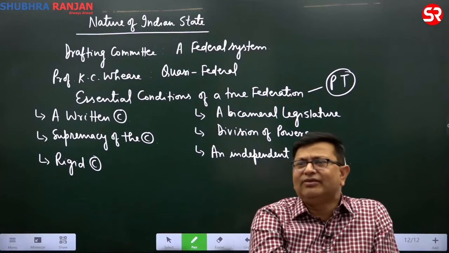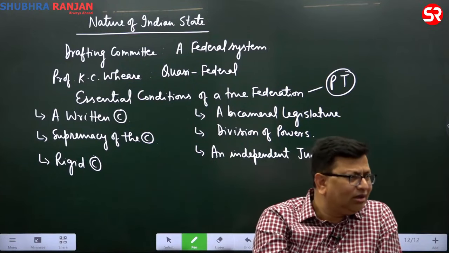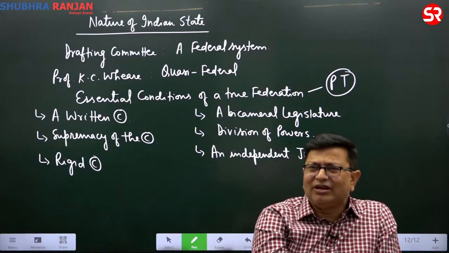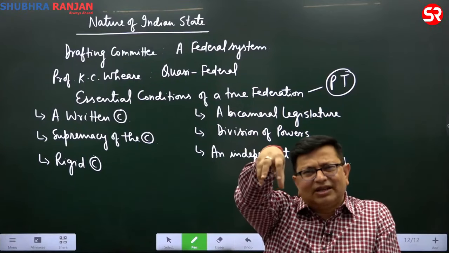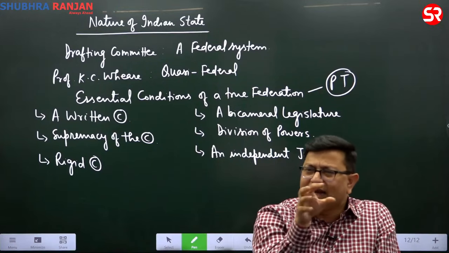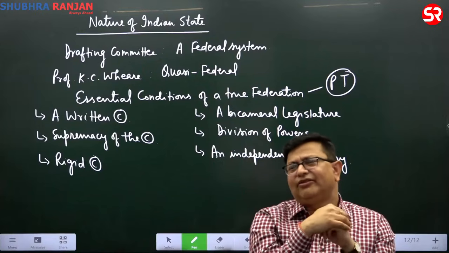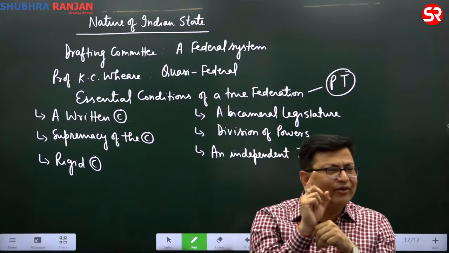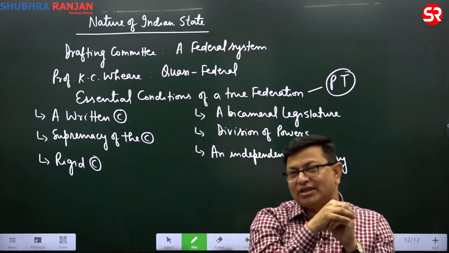Keeping in view the diversity in the country, the center should be strong. Otherwise, the divisive forces in the states can become active. The states can go here and there. So that is why, because of these distinctive features, Professor K.C. Wheare may have said that India was quasi-federal.